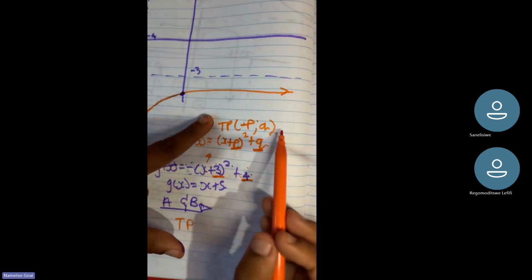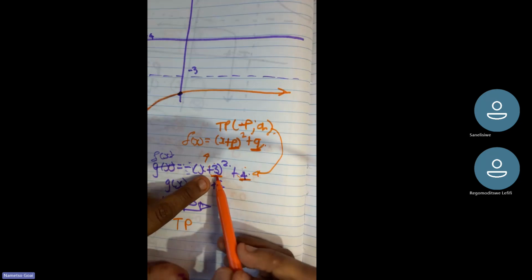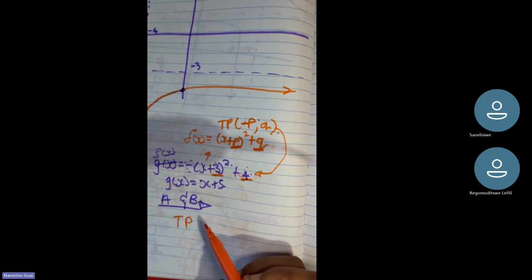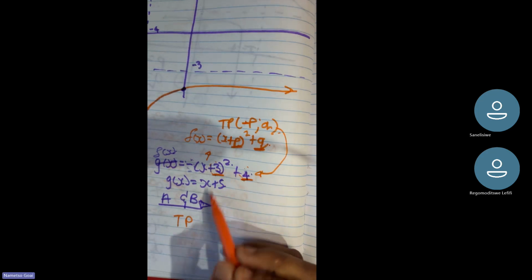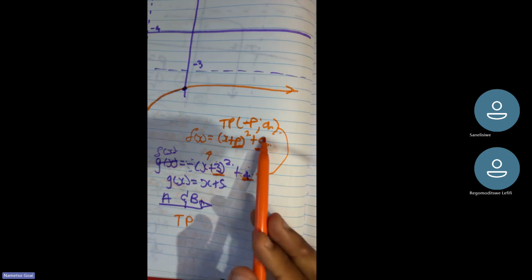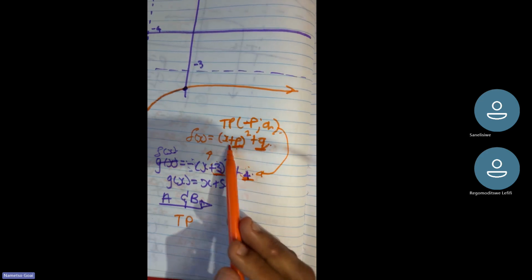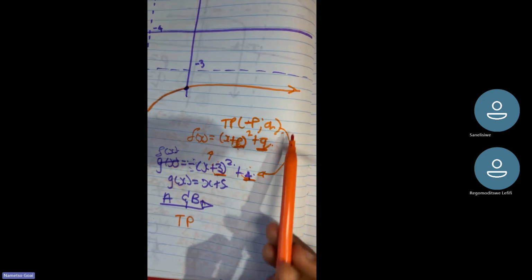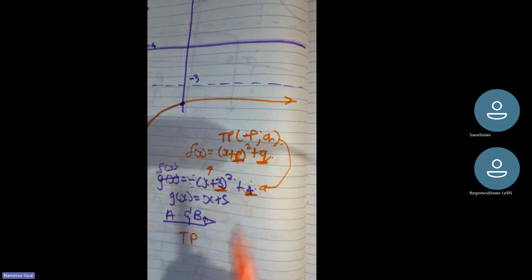So now let's apply this over here. Can you see that we have a positive 3? The turning point of a parabola is given by these two. Remember, I said if you have a positive p, whatever you have in here has to change its sign once you put it outside, right?